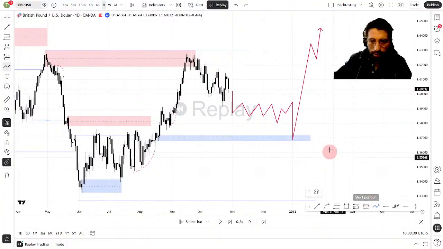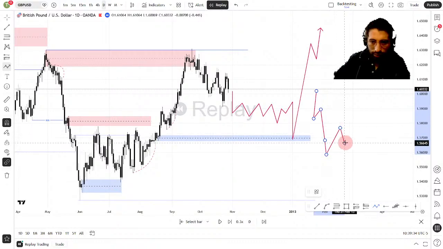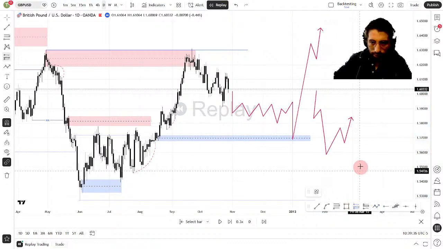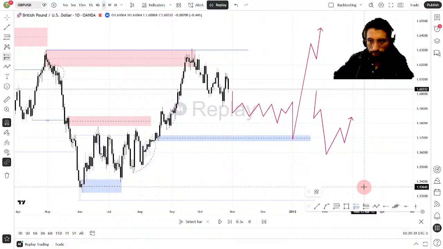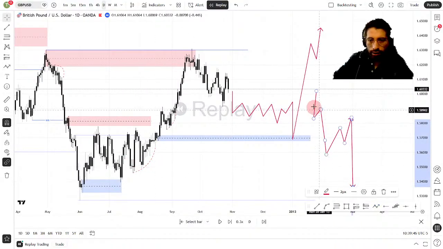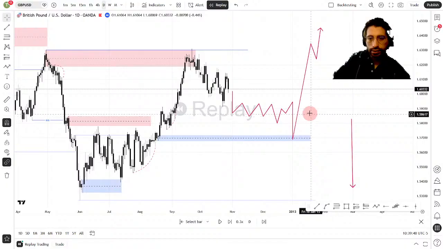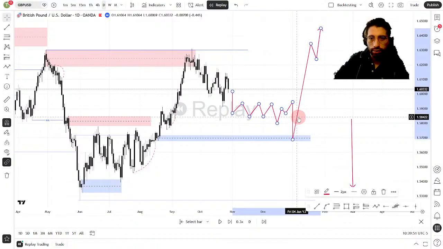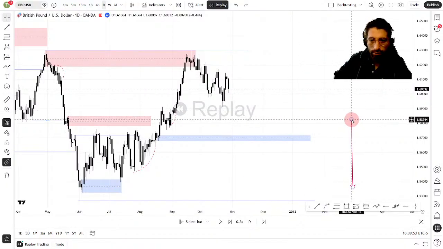Wait. Continue with the downtrend. Have a certain reaction and then boom, continue with the downtrend. Why is that a possibility? Because there is a lot of liquidity here. So let's see which of these possibilities we are discussing actually happens.